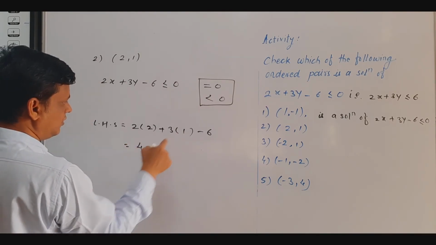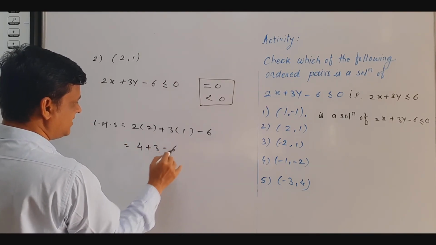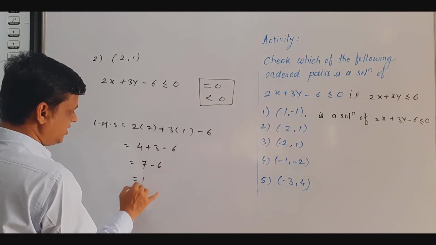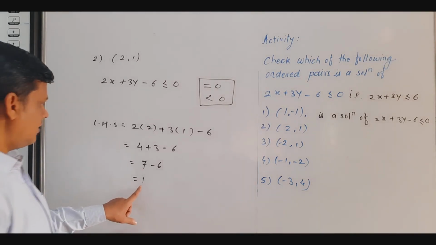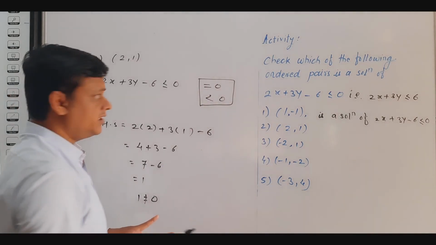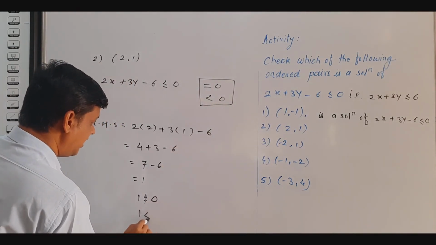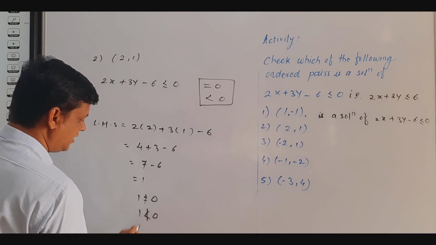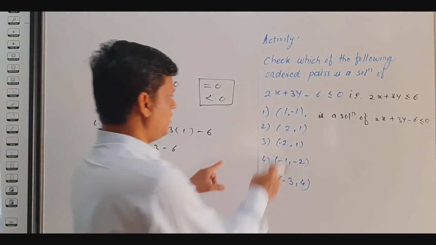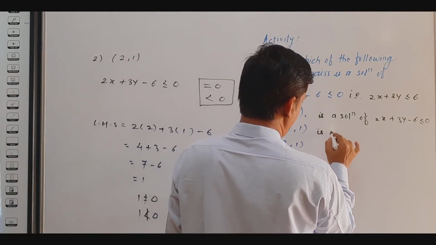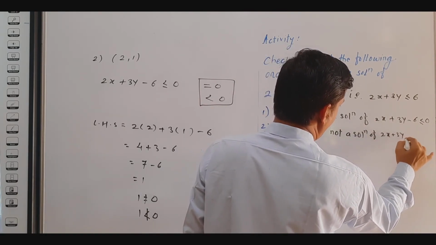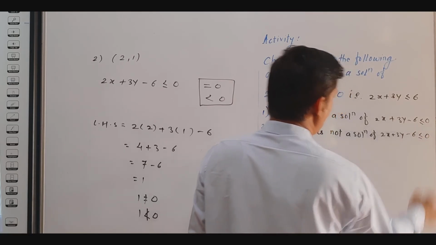So 2 into 2 is 4, 3 into 1 is 3, minus 6, which is equal to 4 plus 3 is 7, 7 minus 6 which is equal to 1. And we know that 1 is not equal to 0, that means the first condition is not satisfied, and 1 is not less than 0, that means both the conditions are not satisfied. Therefore this ordered pair 2, 1 is not a solution of 2x plus 3y minus 6 less than or equal to 0.